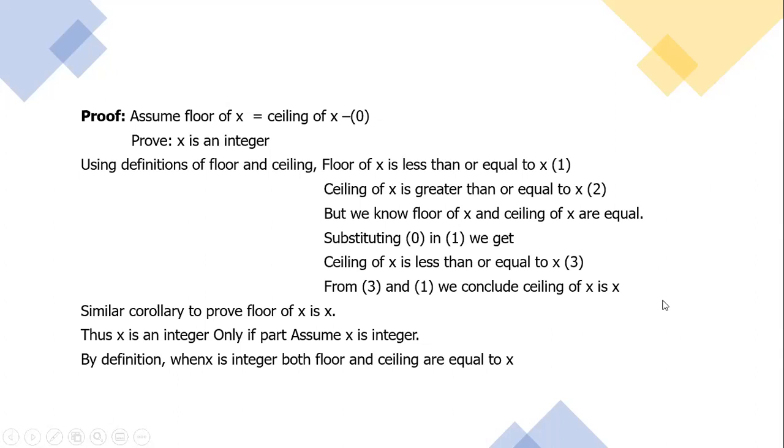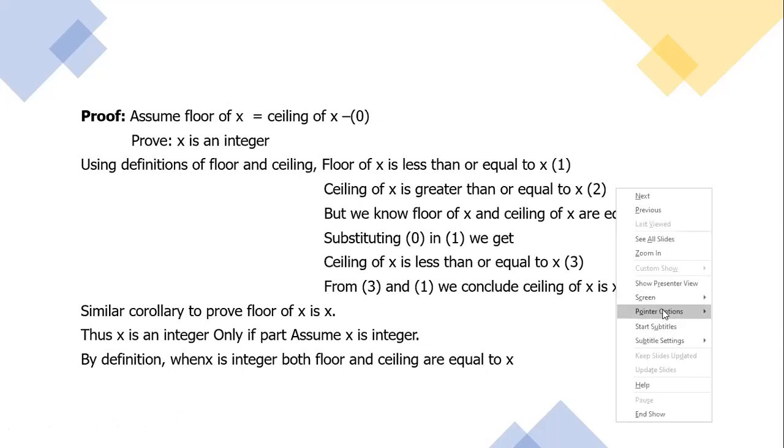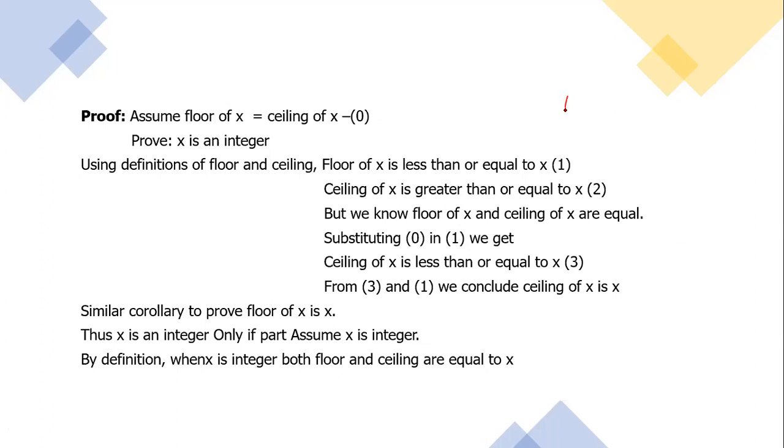We can get ceiling of x equal to x only when the number is a whole number. Otherwise, if the number is not an integer, definitely we are not getting ceiling of x equal to x. If it is not an integer, we definitely get ceiling of x greater than x. So we can conclude that ceiling of x is x.